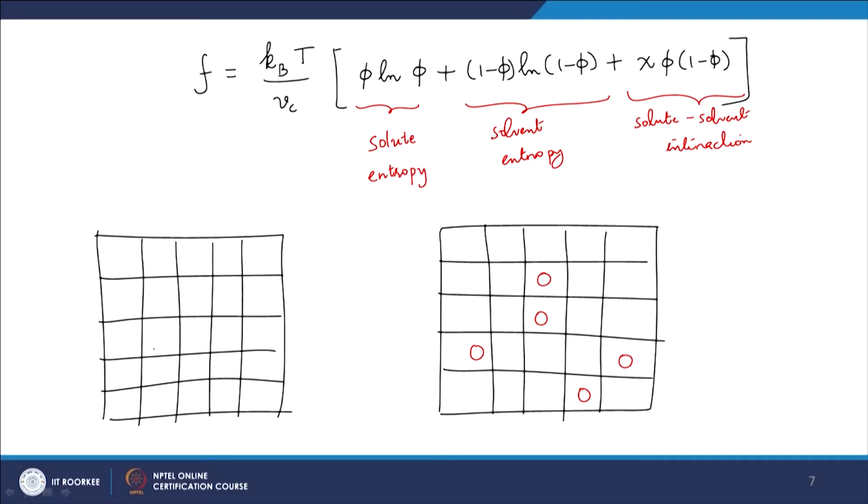So, in that case, let us say you had 5 molecules as here, now they have to move together. So, the number of configurations is much lesser than the number of configurations that we had in the case of a liquid solution, because now the segments of a polymer chain cannot move anywhere.